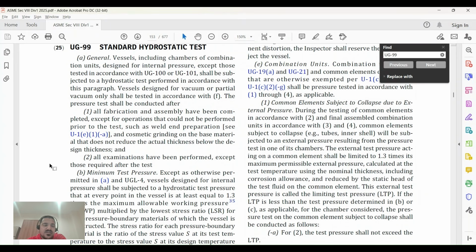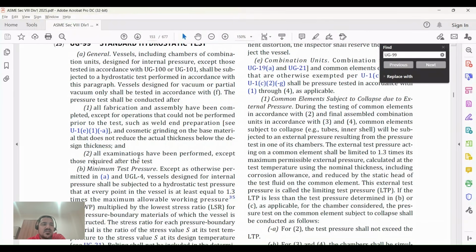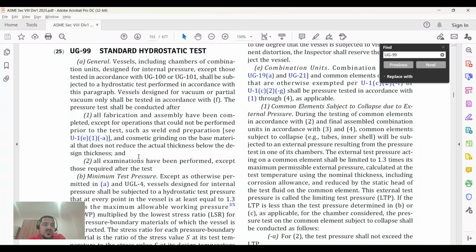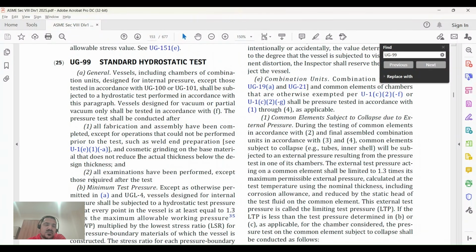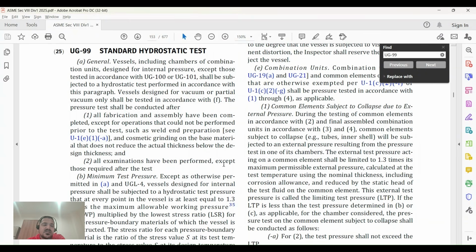And the second condition is all the examinations have been performed except those required after test. Certain tests we can only do after the hydrostatic test is done, so without that examination being done, we can still go ahead with the pressure test.